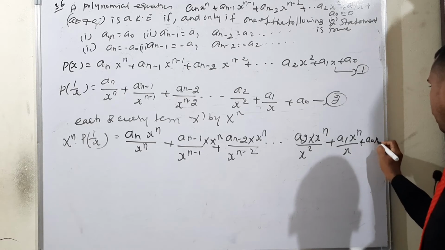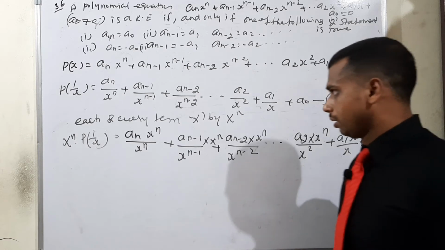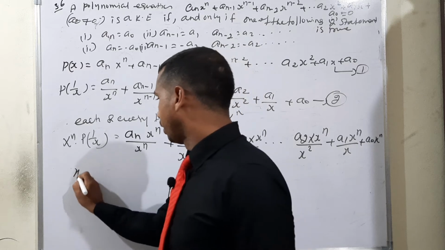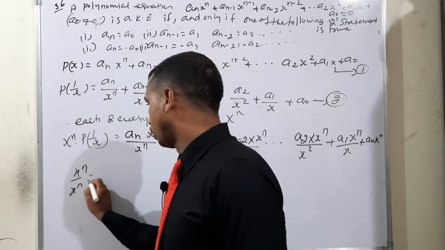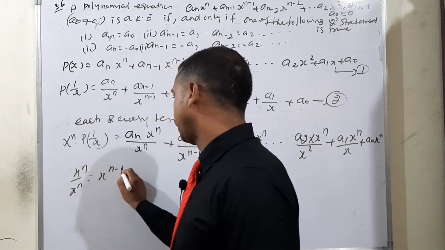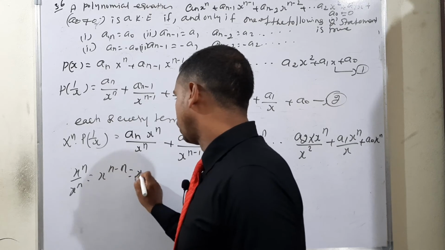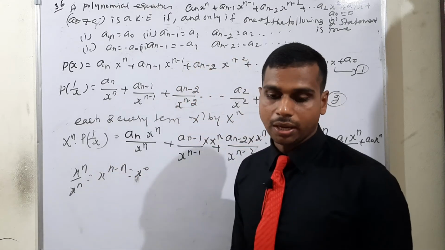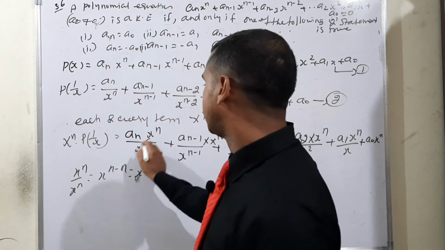Last condition, a0 into x to the power n. So x to the power n divided by x to the power n is one of the laws of indices: x to the power n minus n, we can write as x to the power 0. Anything power 0 is 1, otherwise we can cancel it.